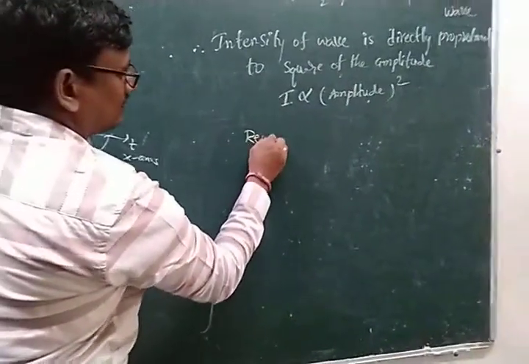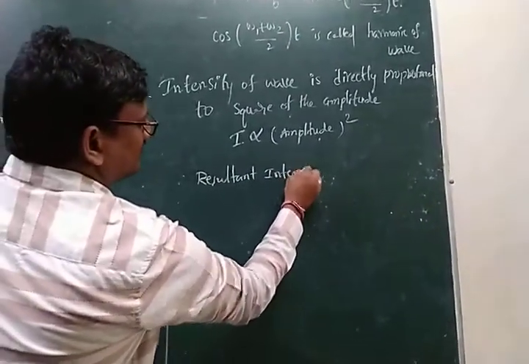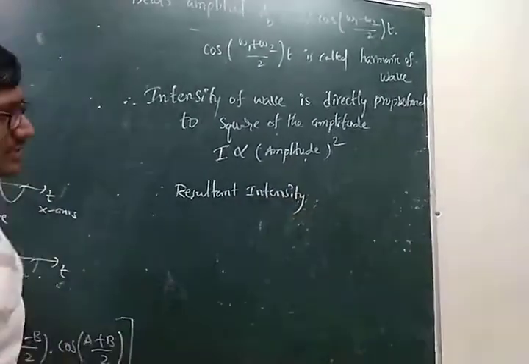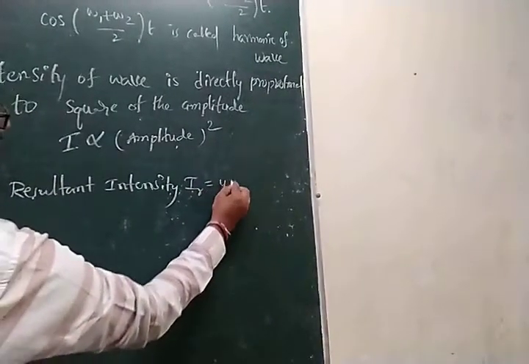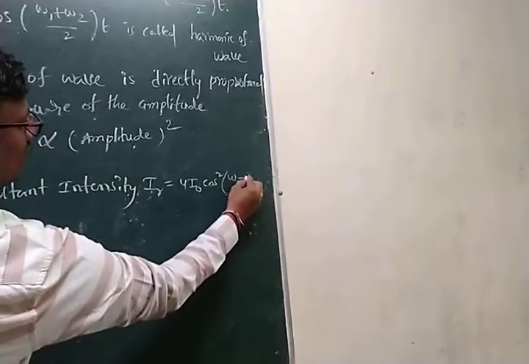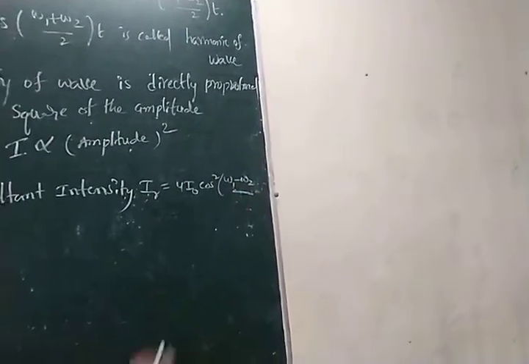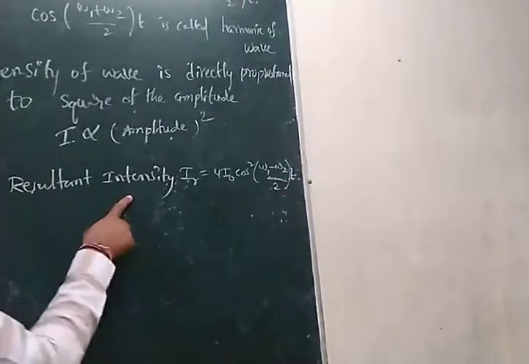Resultant intensity is denoted by IR is equal to 4 I naught cos square of (omega 1 minus omega 2) by 2 into t. This is the resultant intensity.